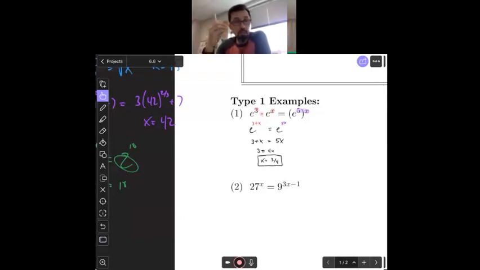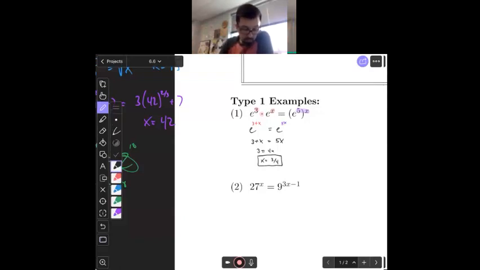So we need to be thinking about what they have in common in regards to powers, in regards to exponents. We need to think about how I can write 27 as a power of some number that I don't know yet, to some power. And then I want to write 9 as an exponent of some other number, or that same number, to some different power.